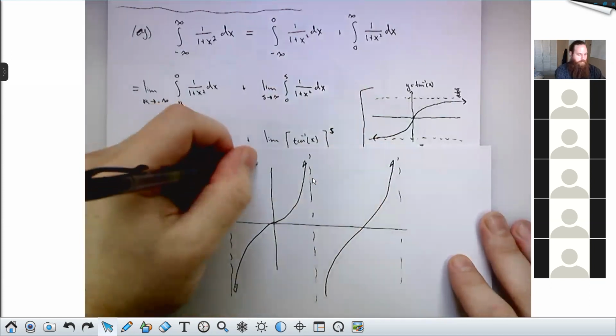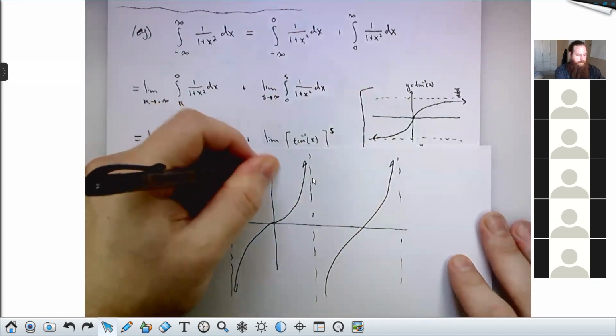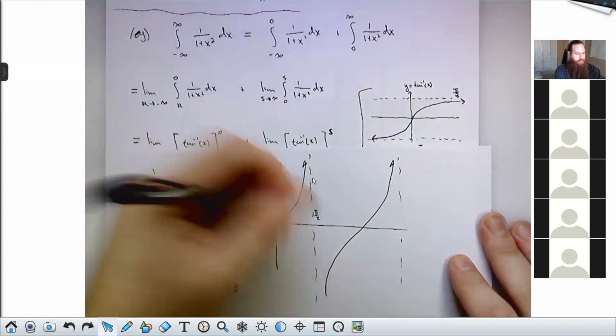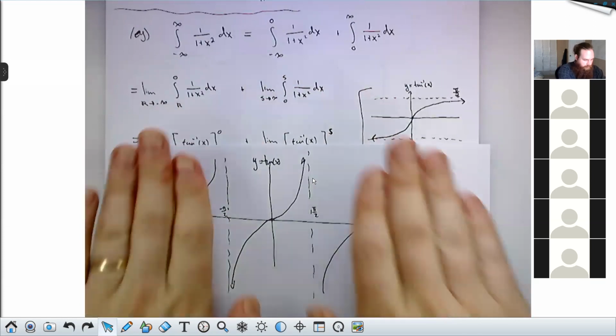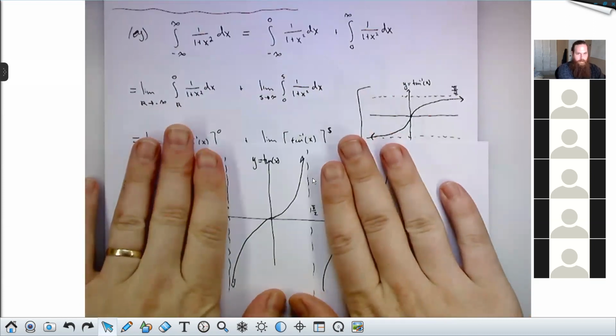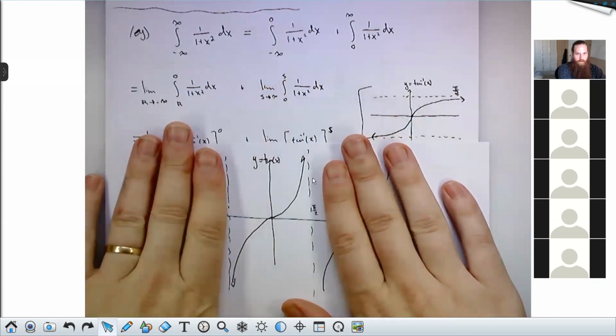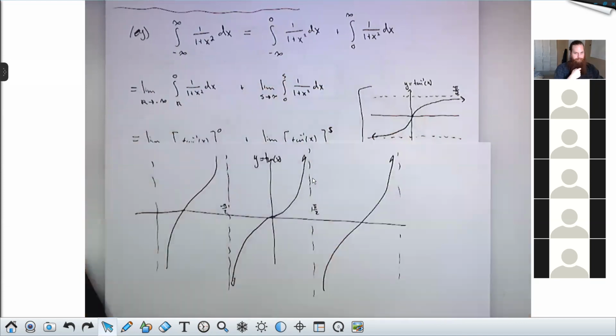So this is y equals tan x. This is negative pi over 2. This is positive pi over 2. So we restrict the domain to just this stuff. Then we find the inverse of that function. That is this guy. And that's where we're getting the limit.